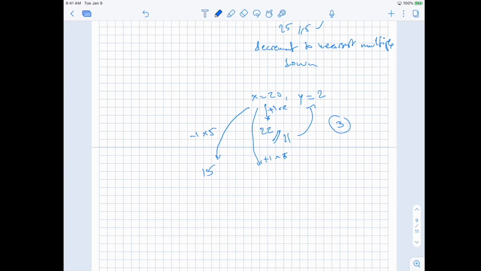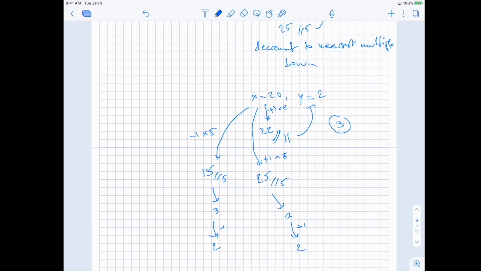Now you get 15 or you get here 25. Then you divide by 5, now you get 3, and now you decrement by 1 or increment by 1, and this gives you 2.